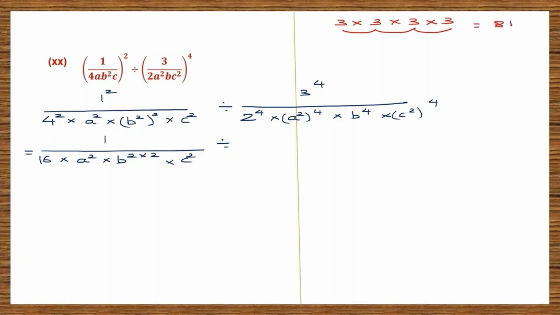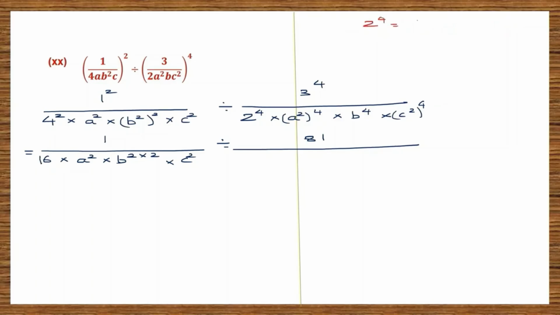So here we have 81 in the numerator. In the denominator, what do we have? 2 to the power of 4, which is 2 into 2 into 2 into 2. 2 2s are 4, 4 2s are 8, 8 2s are 16.